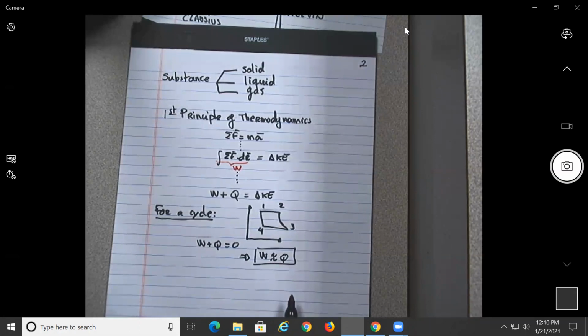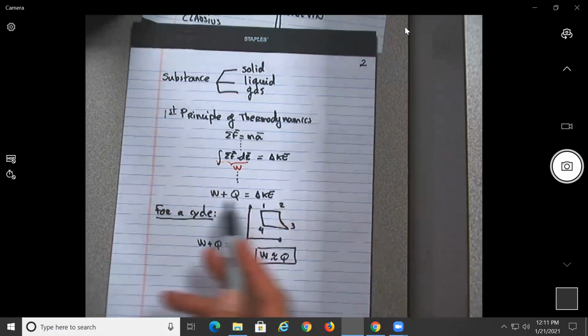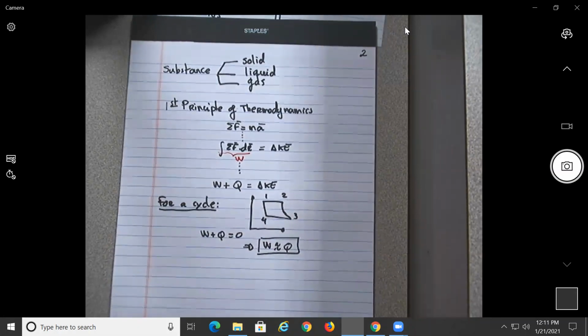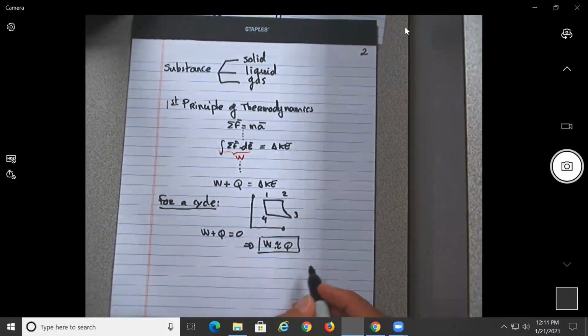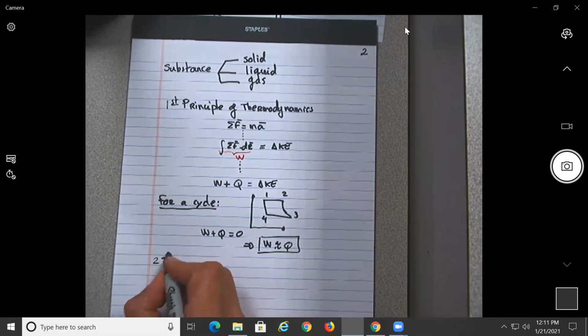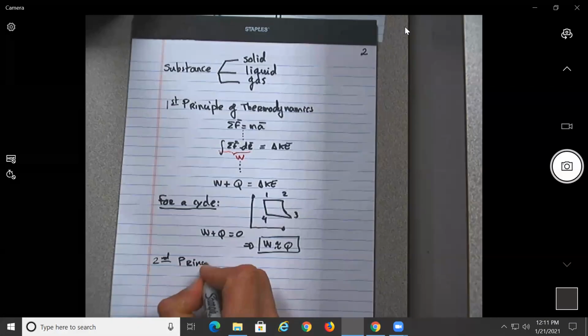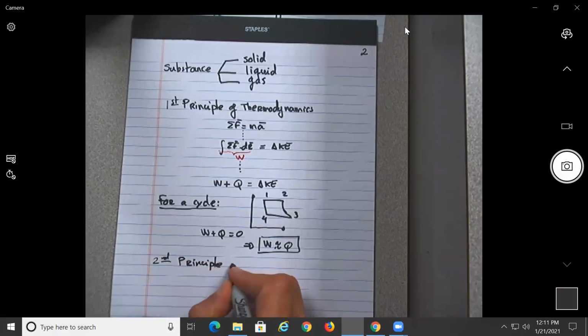It's not 100% true because nothing is 100% efficient, yeah? So basically the first principle of thermodynamics has deficiencies, and the deficiencies of the first principle of thermodynamics are considered in the second principle of thermodynamics.